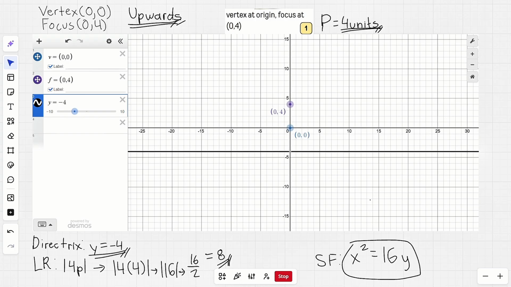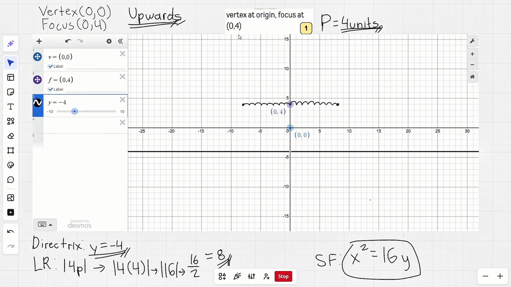So 1, 2, 3, 4, 5, 6, 7, and 8. So our latus rectum will be here. And on the other side, 1, 2, 3, 4, 5, 6, 7, and 8. So our latus rectum will be in here.